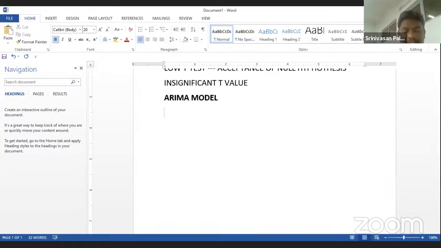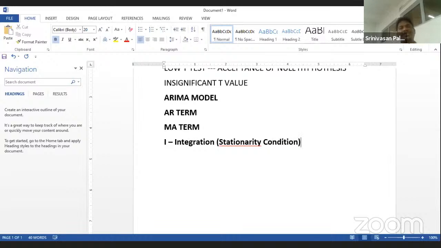One is the AR component, AR term. The next one is the MA term. The other component, in between AR and MA, is I. I is nothing but integrated, integration or stationarity condition. Please make a note. Stationarity condition.